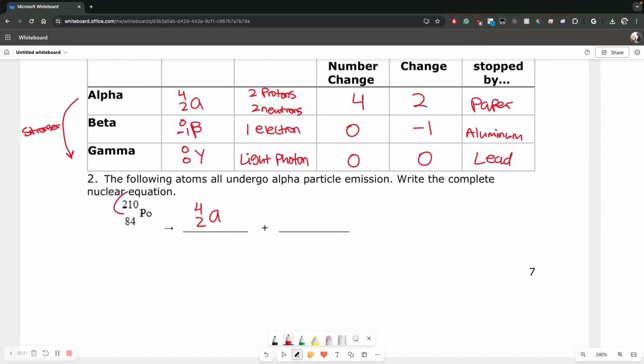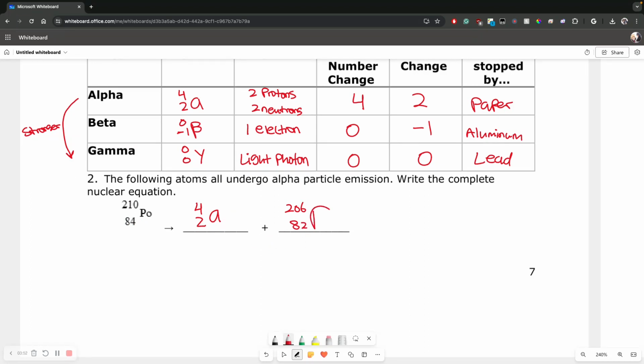Whatever we have here must match this plus this and this plus this. Of course, these are numbers we don't know yet. Since the arrow is there, we can subtract 4 from 210 and get the mass number. So 210 minus 4 is 206, and then 84 minus 2 is 82.